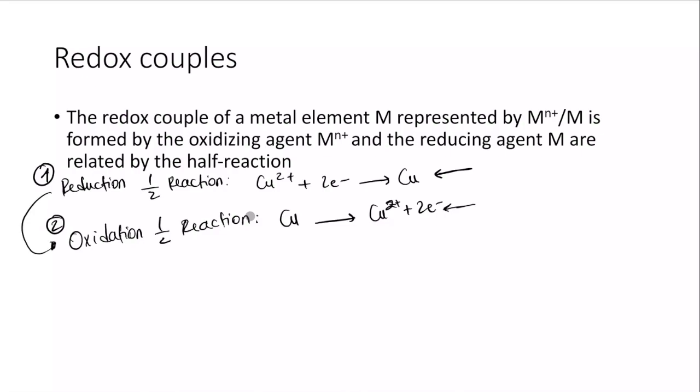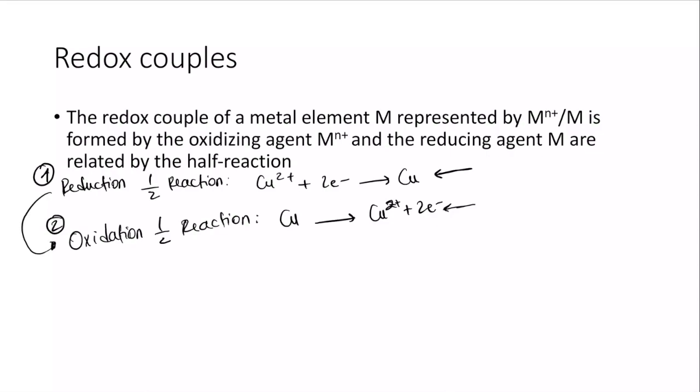It's important to mention that it depends on the situation, on the element and the counter element that we have, so that either Cu will undergo oxidation or Cu2+ will undergo reduction. We will talk about it later, but these are the two half reactions, the two possible reactions that Cu can do: either oxidation or reduction.